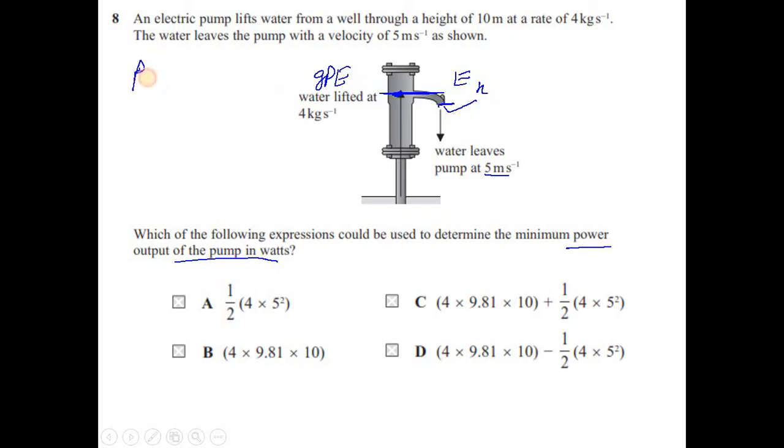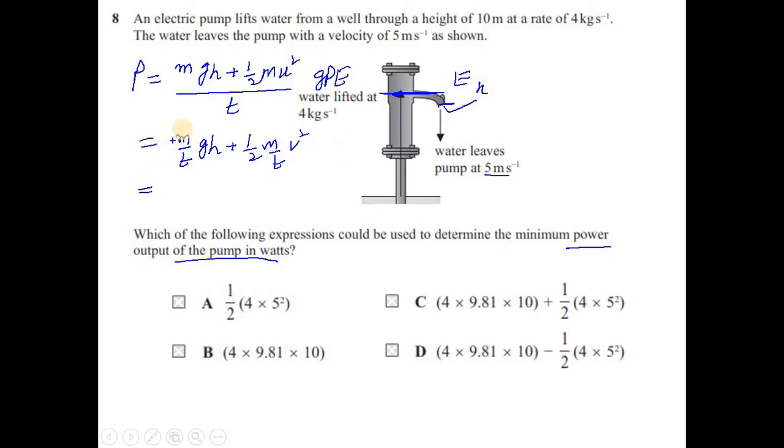So power must be mgh plus EK, half mv squared, but this is the energy divided by time. Clearly if you split this t under these two terms, you can write m by t gh plus half of m by t into v squared.